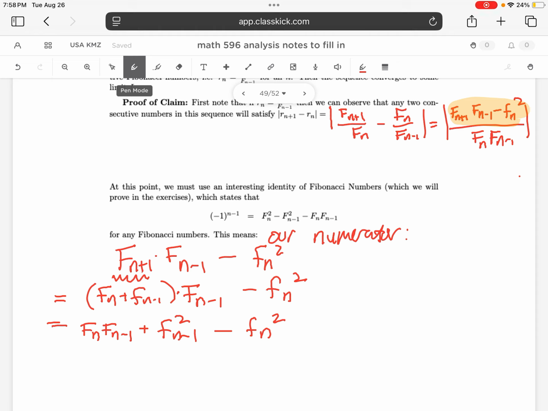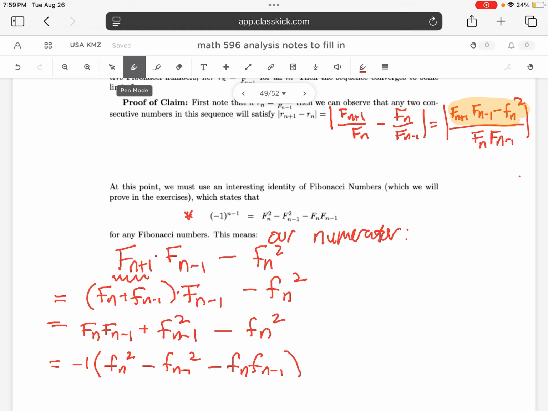And now we see how this is starting to look like our identity up here. The only difference, I suppose, is that it seems like it's been multiplied by negative 1. Up here in our identity, we have our f_n squared first, and so we can pull out a negative 1 and rewrite this whole thing as negative 1 times (f_n squared minus f_{n-1} squared minus f_n times f_{n-1}).